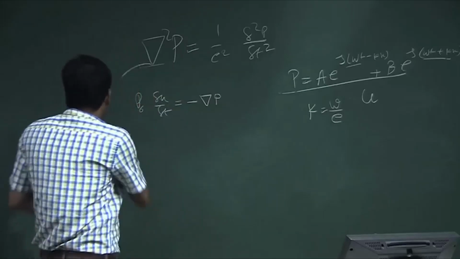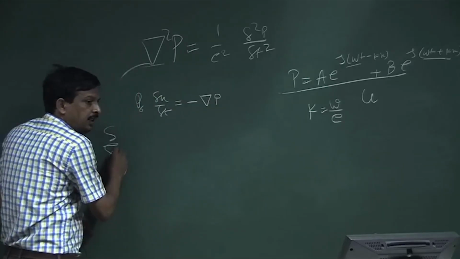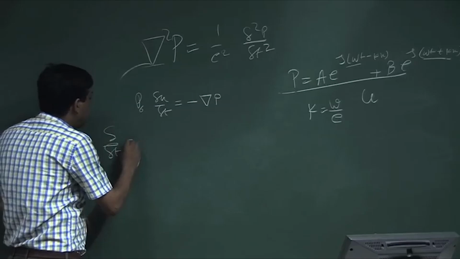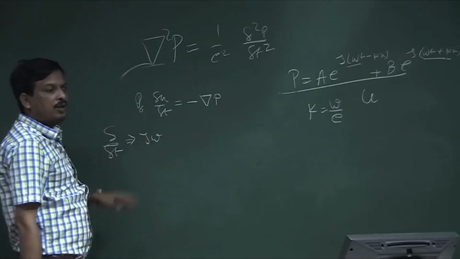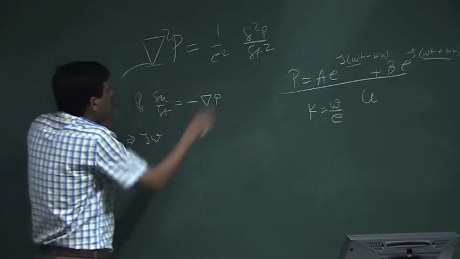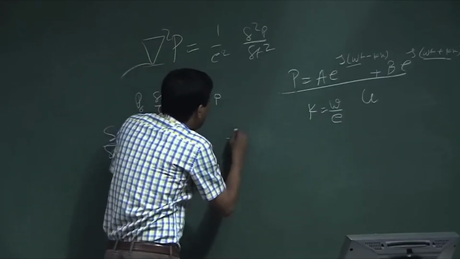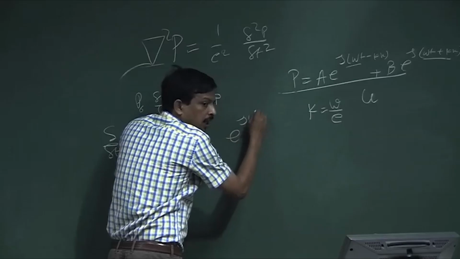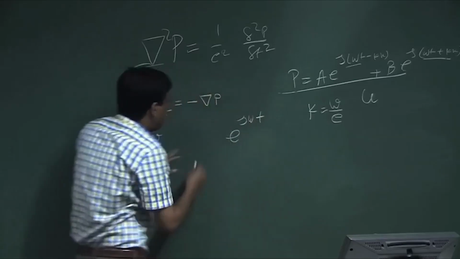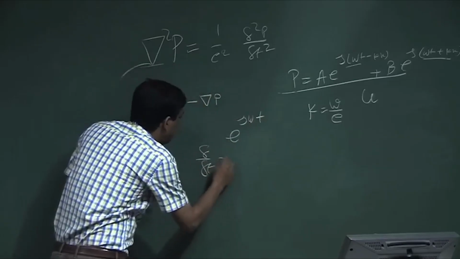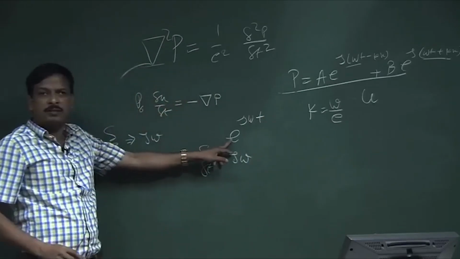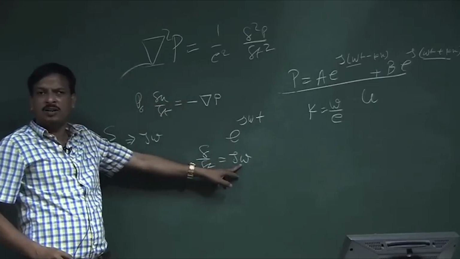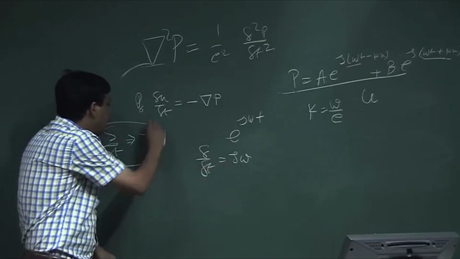Now you know del by del t is written as j omega, because the entire sound field is varying with e to the power j omega t. So d by dt is nothing but j omega, because if I take the derivative, it only creates the j omega. I will use this convention in many cases.